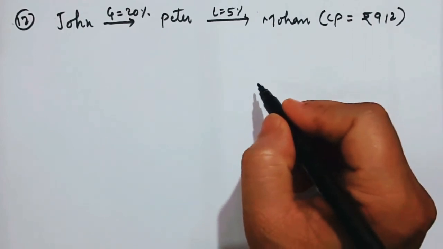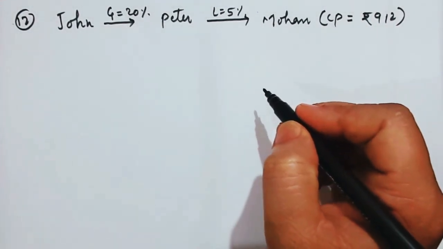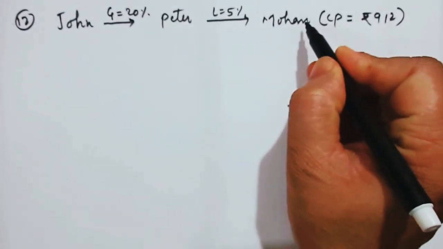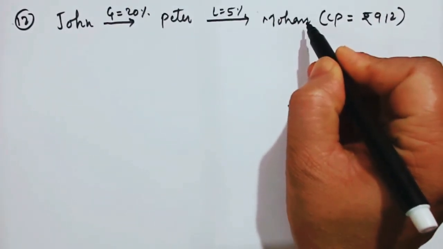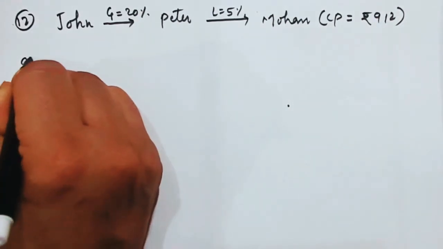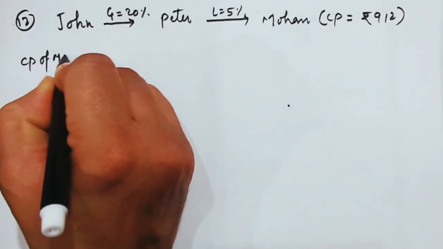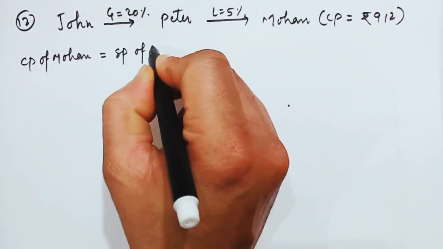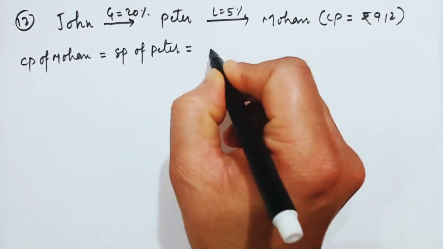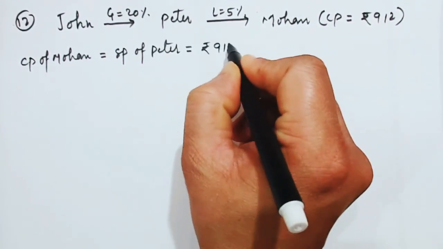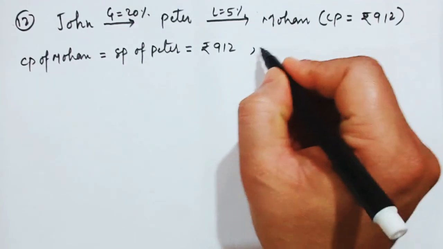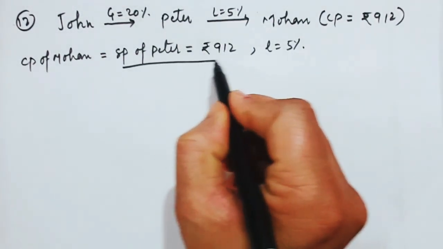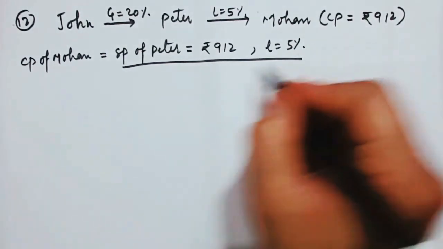912. Good. So, right now I taught you that the cost price of Mohan will be equal to the selling price of Peter, which is equal to rupees 912, and loss is equal to 5%. So selling price of Peter 912, loss 5%.